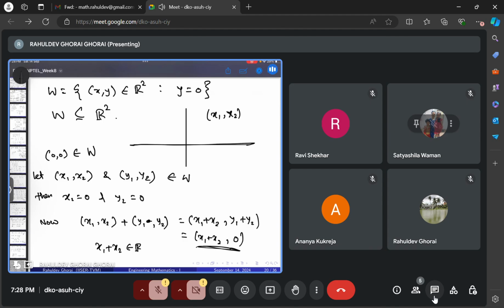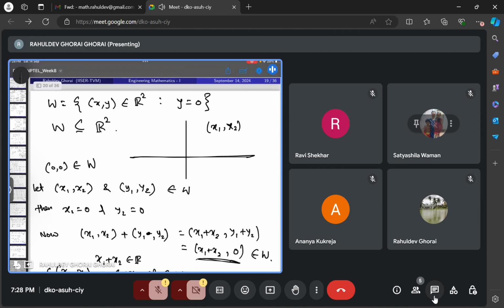The same holds for the other property: if you multiply (x1, 0) by any c, it will be (c x1, 0), again in W. So W is a subspace because W itself is a vector space and it is inside another vector space R2, which is why it is a vector subspace.